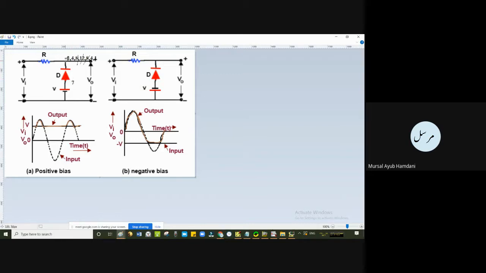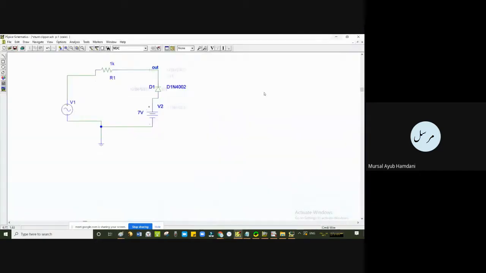Because the positive side of the diode is 7, while the negative side is always negative, so it is always forward biased. Always forward biased means the input will never go to the output, only this value 7 will remain, because it will be short circuit and we'll have this value 7 at the output. So you can see here 7 for the negative input cycle, and then again this portion will follow suit. So let us simulate.